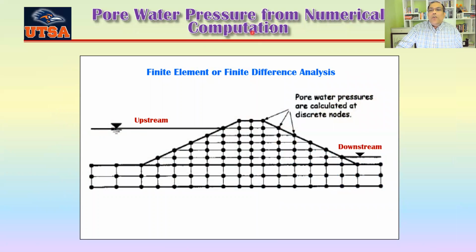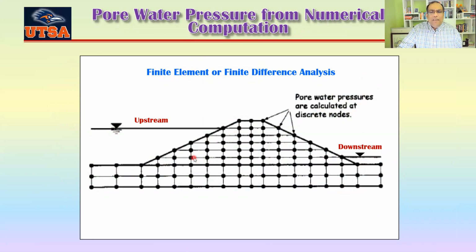And then you can do that one for numerical computation. You can just use either finite element or finite difference software. Actually, we are going to use GeoSlope, which has GeoSeep, that we can run to find out what is the pore water pressure in each of the nodes here.